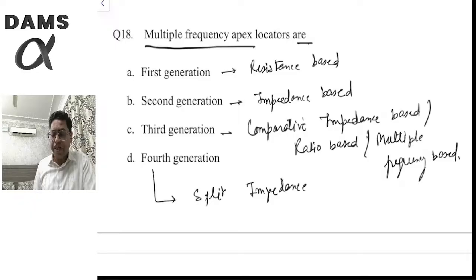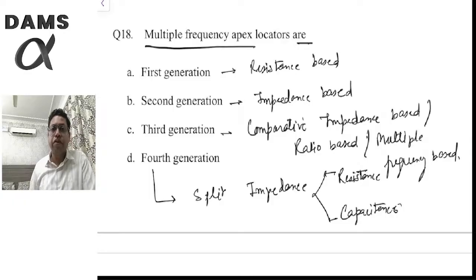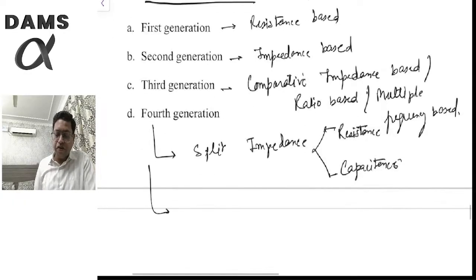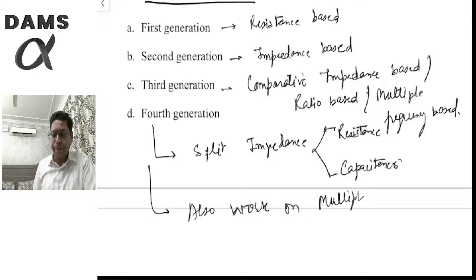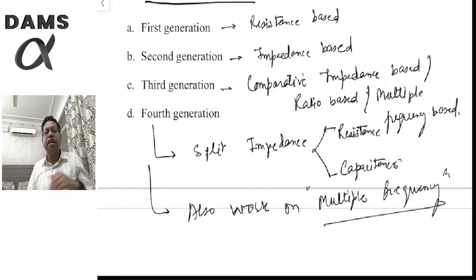Impedance is a physical property which consists of two parts, resistance and capacitance. These fourth generation also work on multiple frequency. It means they send current of multiple frequencies, and at each frequency, instead of directly measuring the impedance, they split impedance into resistance and capacitance.